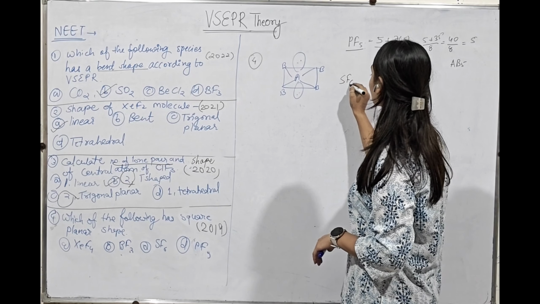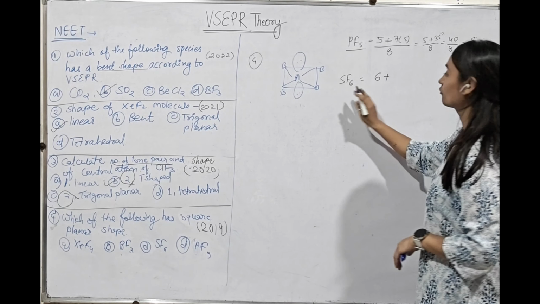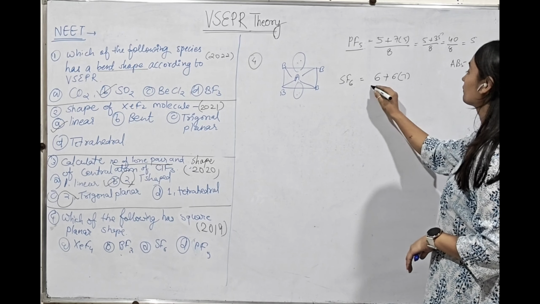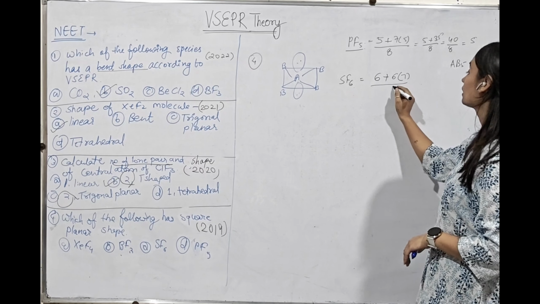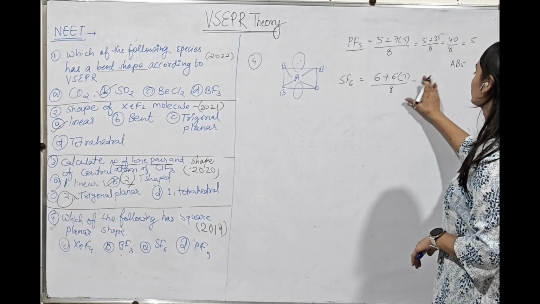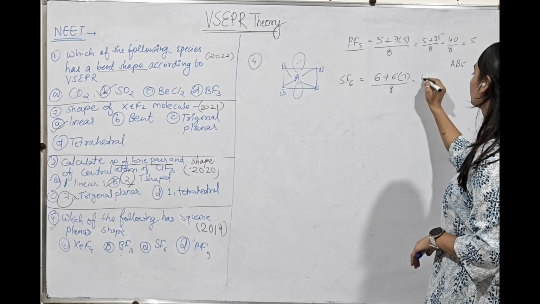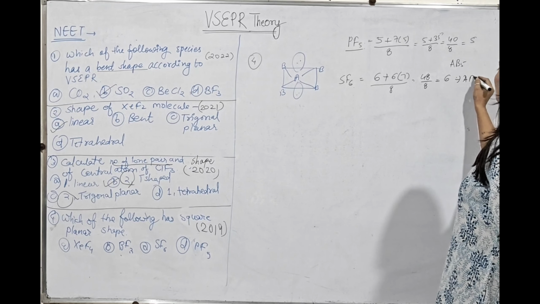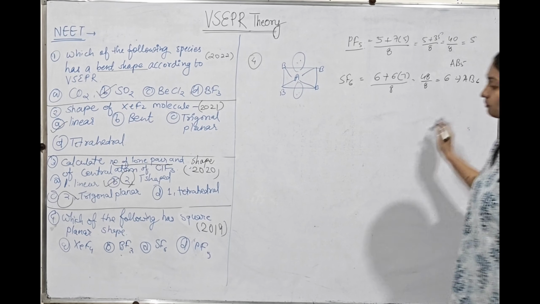Next, SF6. Sulfur has 6 valence electrons and 6 into 7, 7 being the valence electrons of fluorine. Divided by 8, 6 plus 48 by 8, is going to give us 6. That's going to be AB6.